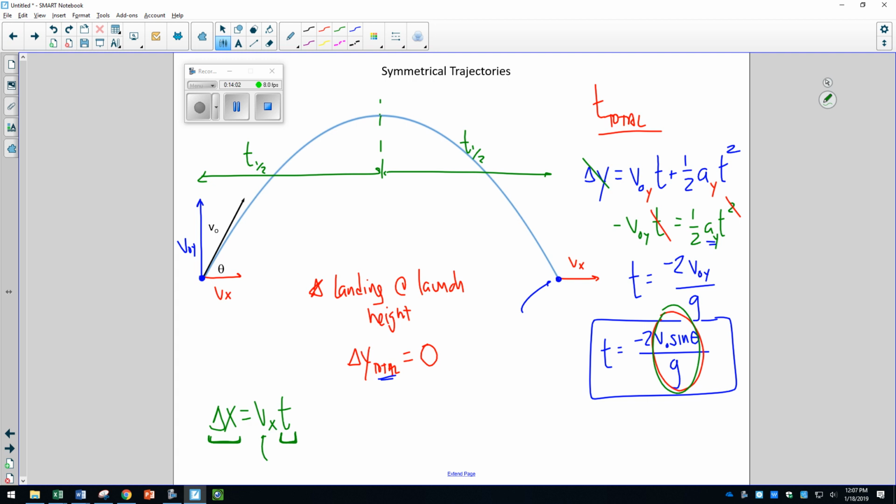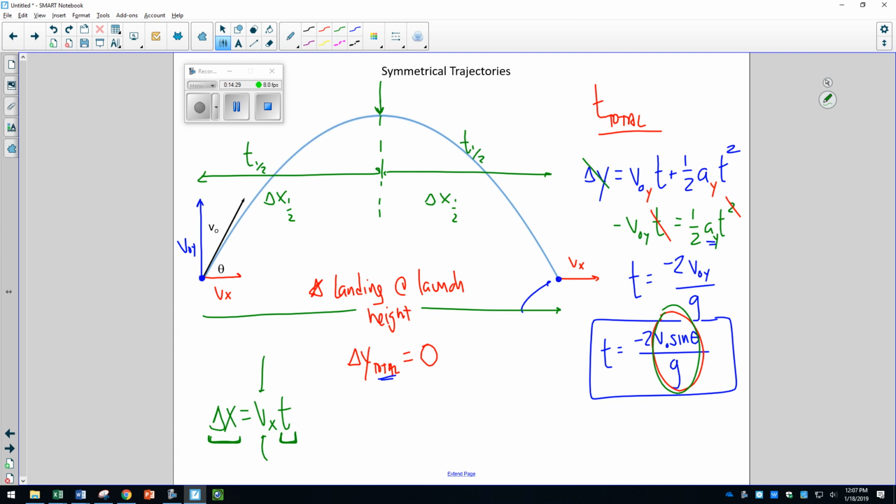It means that this point here, the apex, is exactly halfway along this horizontal displacement. So I'll call this delta x 1/2 and also delta x 1/2. Since horizontal velocity is constant, we get the same distance traveled in each of those halves of the parabola.